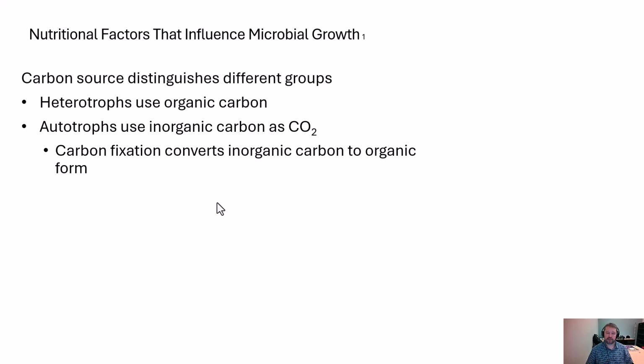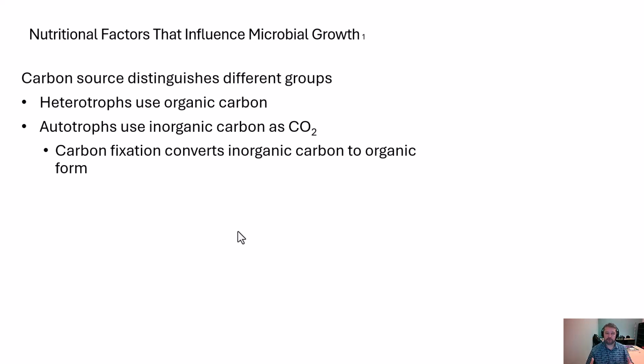There are lots of ways in which this can occur, but a heterotroph means that they didn't make it themselves from an inorganic source. Autotrophs, on the other hand, and this is not just carbon, but when we're talking about carbon, you can have heterotrophs and autotrophs for other elements too. Autotrophs are using inorganic carbon to generate energy, and they generate it within.